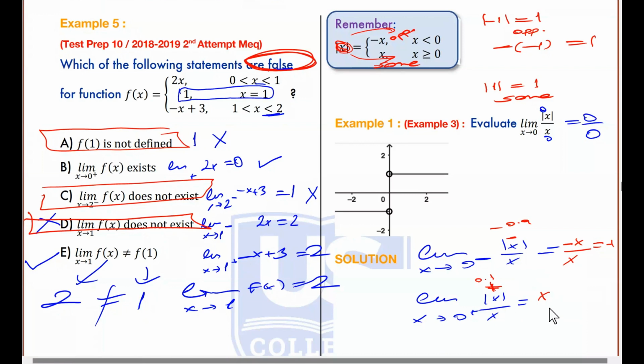So absolute value x becomes positive x when inside is positive. X over x is 1. So the left side limit is negative 1, the right side limit is 1. Then we will say the limit as x approaches 0 of that function does not exist. Right and left side limits are different from each other, so the limit does not exist.